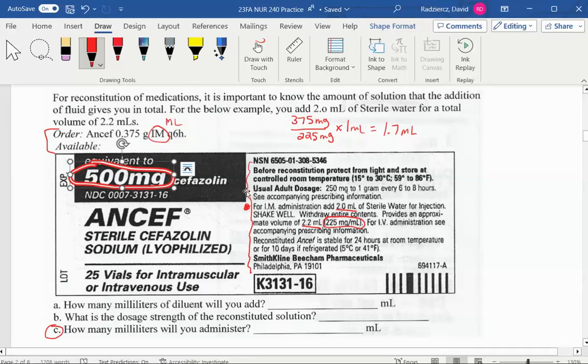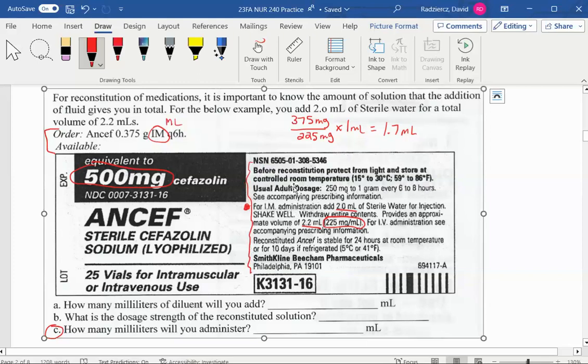So what that tells you is you need to look over here at the instructions associated with the label and read through to find the concentration that's important for solving this equation. Right down here, it says for intramuscular administration, add 2 milliliters of sterile water for injection, then shake it well. Once you've added that 2 milliliters of sterile water, you get an approximate total volume of 2.2 milliliters.